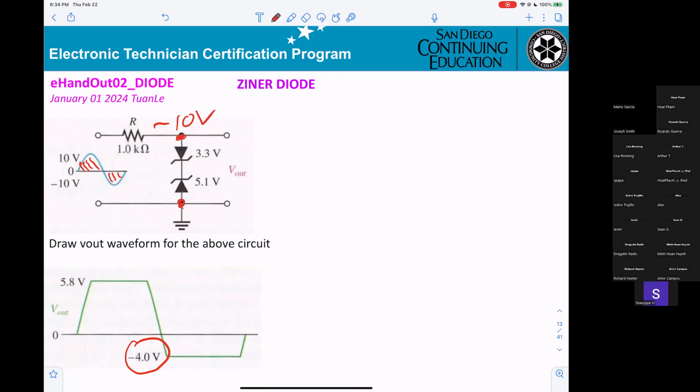So basically ground in here, minus 10 in here, and this diode, they are on, that means 0.7.